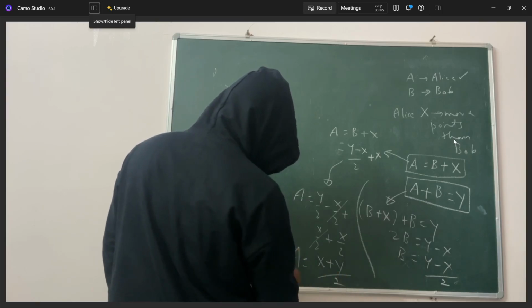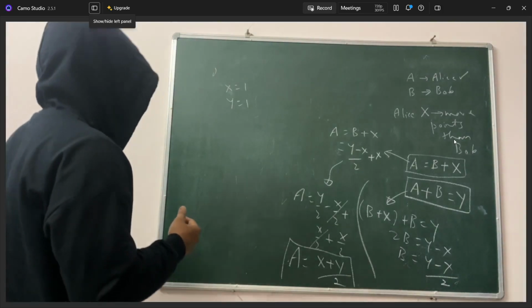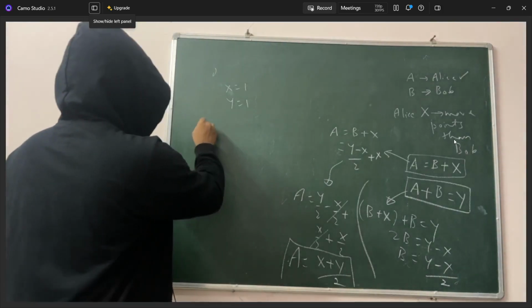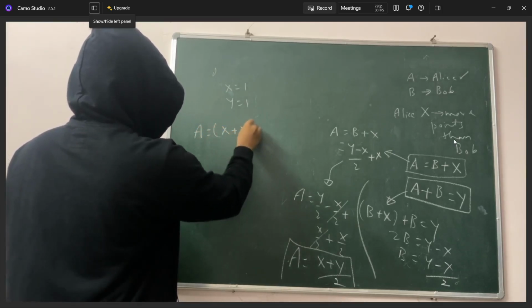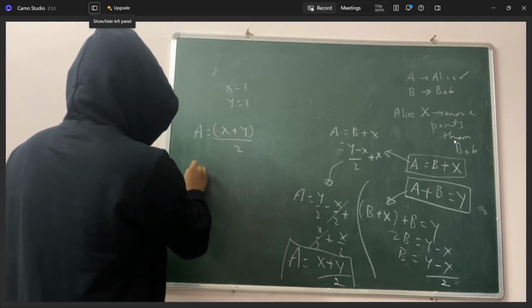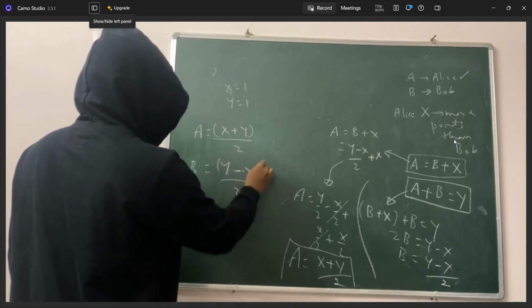Once you have got this formula, we can find Alice's and Bob's scores. Alice's score is (X plus Y) by 2, and Bob's score is (Y minus X) by 2.